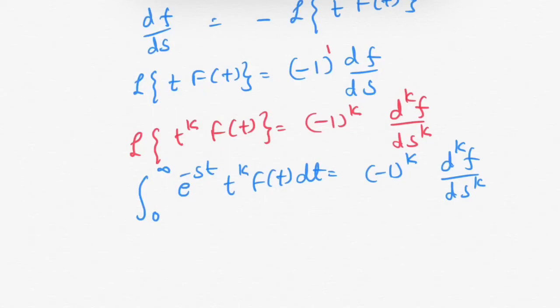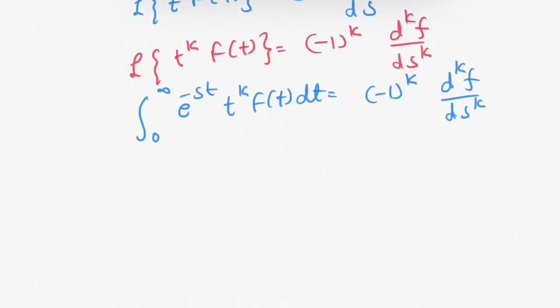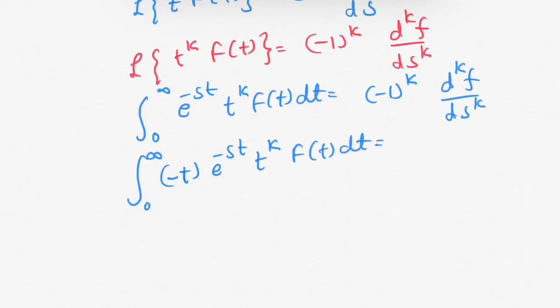Now differentiating this equation with respect to s, we have the integral from 0 to infinity of -t e^(-st) t^k f(t) dt, which equals (-1)^k. Since we have differentiated with respect to s, this will be d^(k+1) F/ds^(k+1).